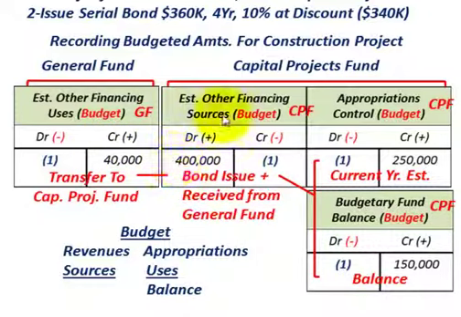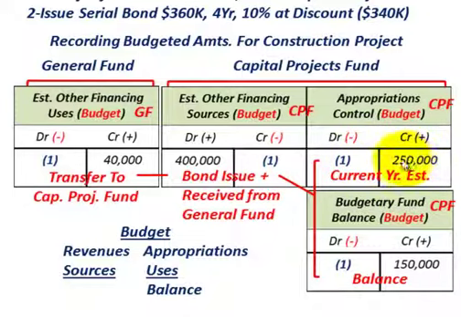Under estimated other financing sources, you put the total amount you're expecting to receive. Moving over to the other side, we have our appropriations control. Let's say for the current year we're estimating that we're going to spend $250,000 on building this project. We're just looking at it on a yearly basis, the first year, the current year.